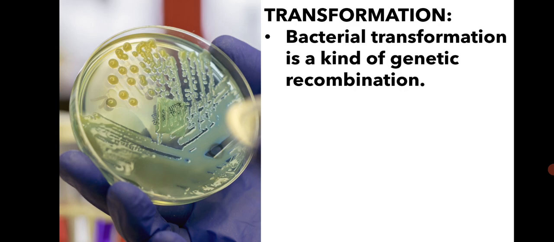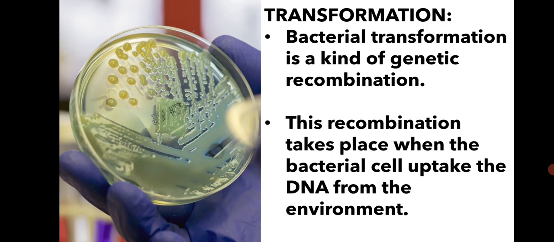Bacterial transformation is a kind of sexual reproduction which can be precisely called genetic recombination. This recombination takes place when the bacterial cell uptakes the DNA from the environment.